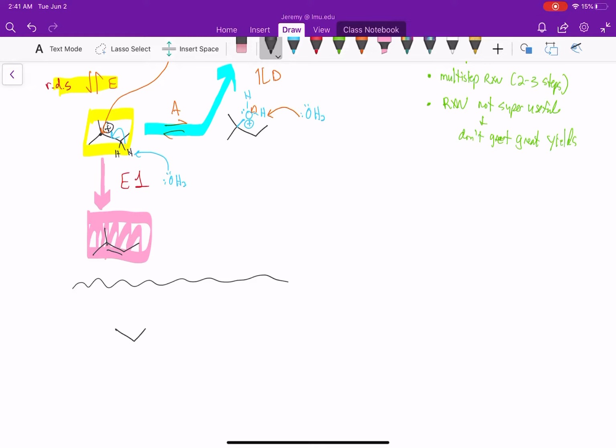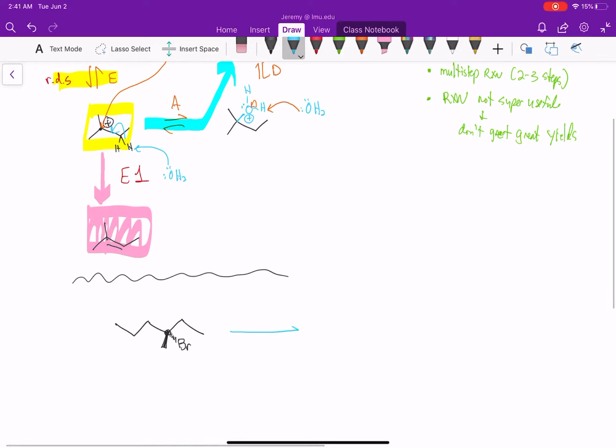So let's look at something like this. Here I'm going to add some stereochemistry, so that is indeed a stereocenter. What happens if we run the reaction here? If we take a weak nucleophile and our solvent like methanol, we are again going to be doing a substitution reaction, right?